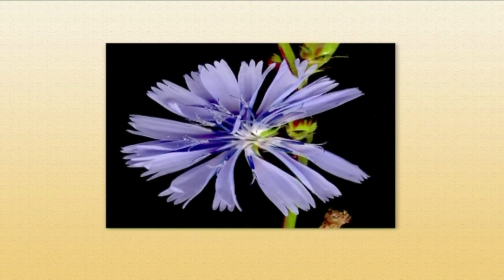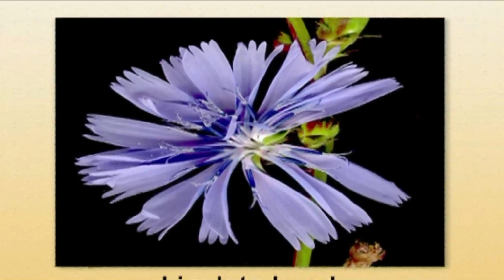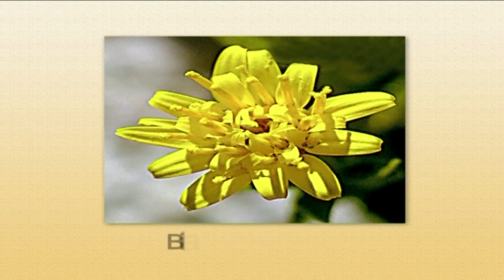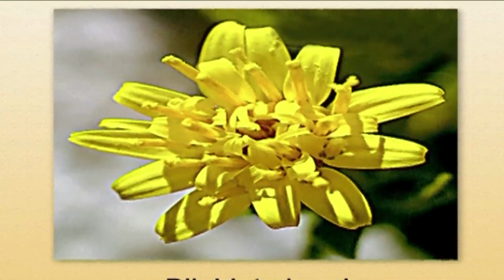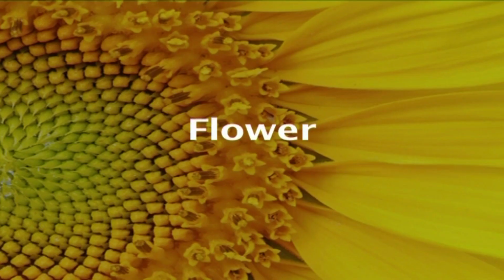The fourth type of head is called ligulate. Here we have all the florets in the form of ray florets. The fifth and last type of head is called bilabiate head, wherein all the florets have a bilabiate shape.